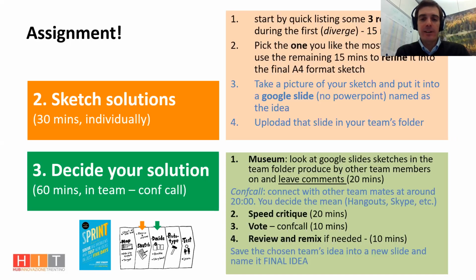So it's good to have a nice conference call, whatever it means, Hangouts or Skype, and you do the speed critique. And you should do it in 20 minutes. So make sure you allocate the time appropriately, not only across the overall process of these two big phases, but also within each of these sub-phases.